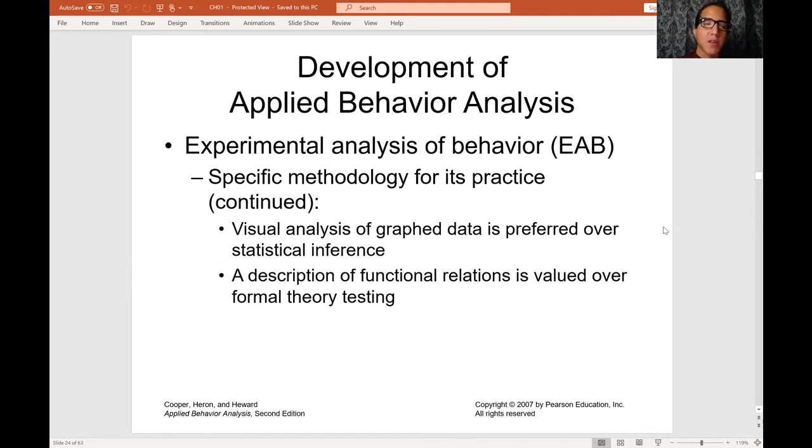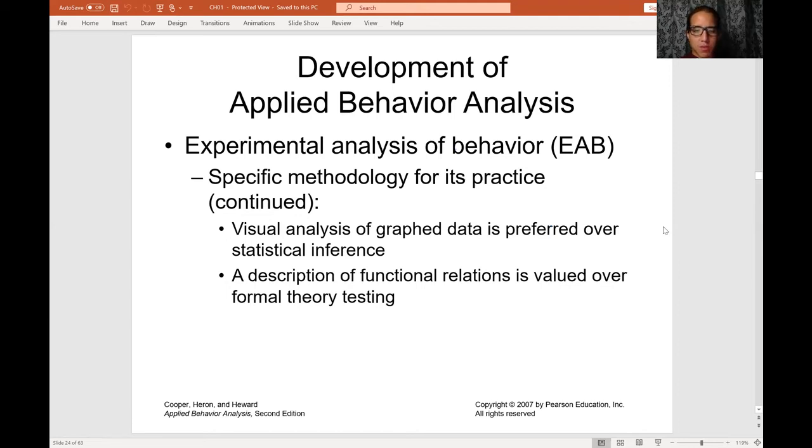It's not that the other data is not a better understanding, or that it's not valid. It's just that what they were interested in, in the experimental analysis of behavior, was better viewed in that way.